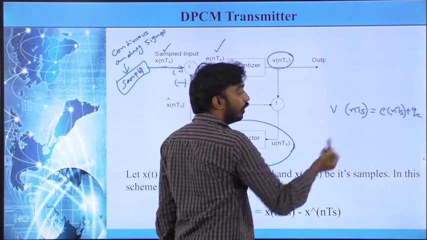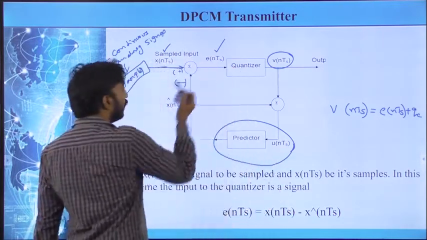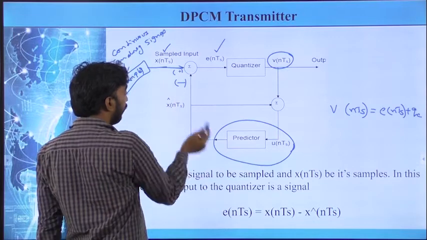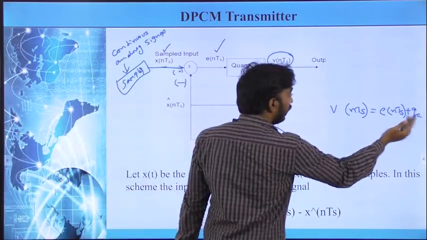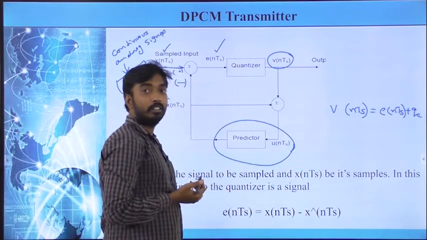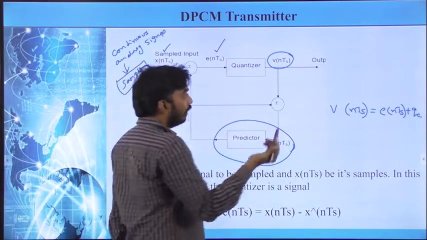V of nTs is equal to the error signal, that means the difference between these two samples, plus the error occurred from the quantizer, right?